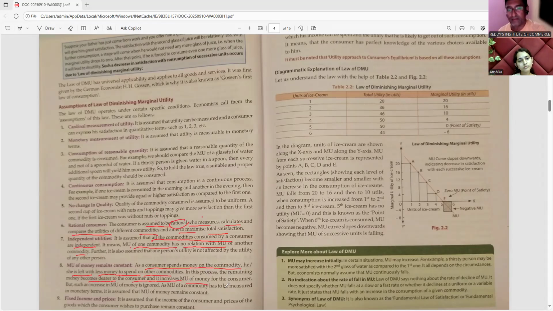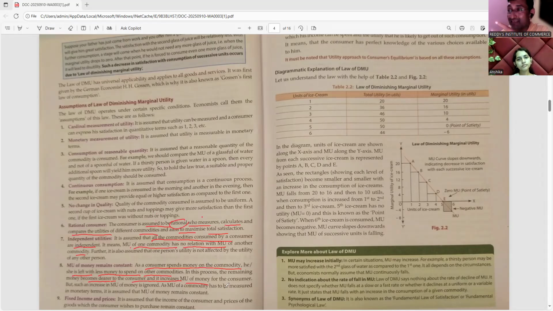Suppose sometimes you like dairy milk, sometimes you like ice cream. What you will do is, first of all, you will consume less. You will spend a lesser amount on consuming dairy milk, but you will prefer to spend more money on consuming ice cream.